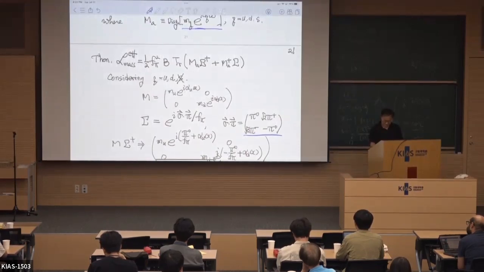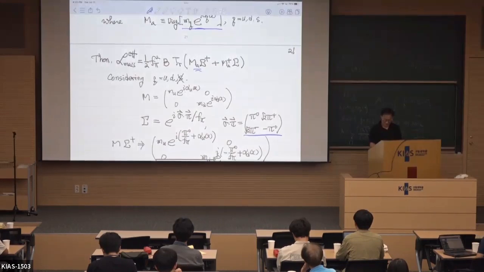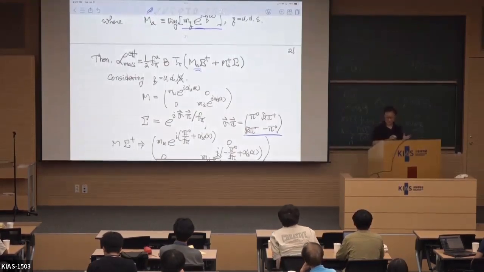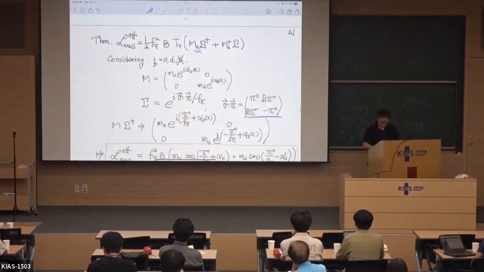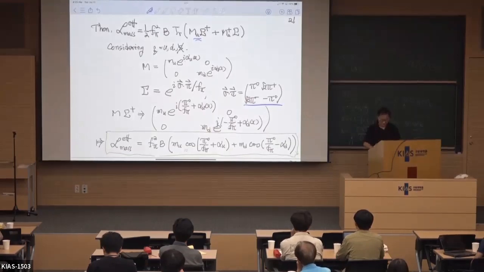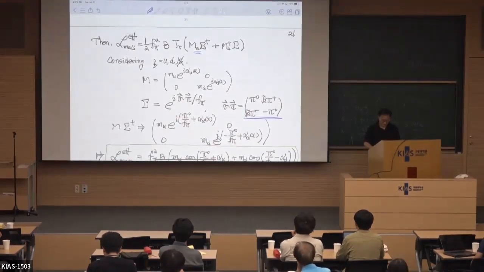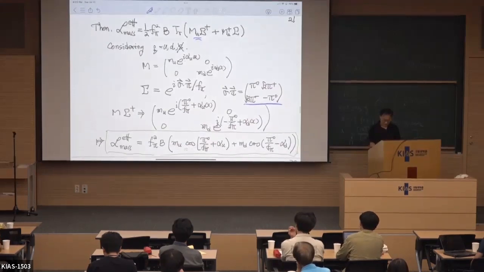And then this mass term is breaking the left and right chiral rotation explicitly. But this combination, m times sigma dagger plus its conjugate, and then take the trace, is invariant under, in this case, SU(2)_L cross SU(2)_R, right? So this is the invariant Lagrangian.